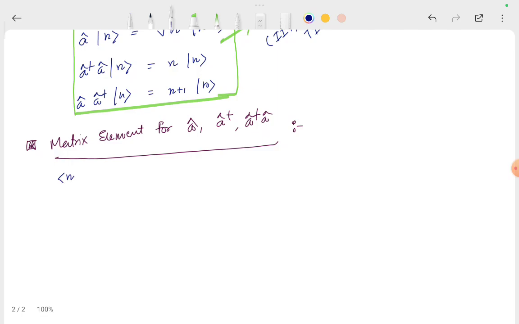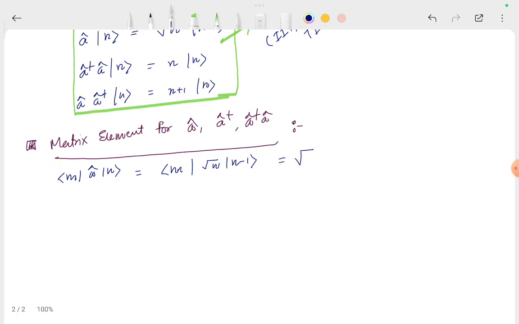So <m|a|n>. m and n are two different states actually. What do we get? As you know, when a acts on the nth state, we get root n times (n minus 1) ket.